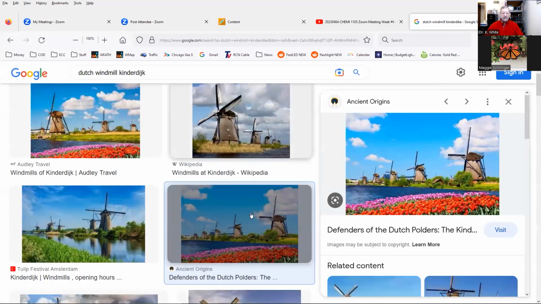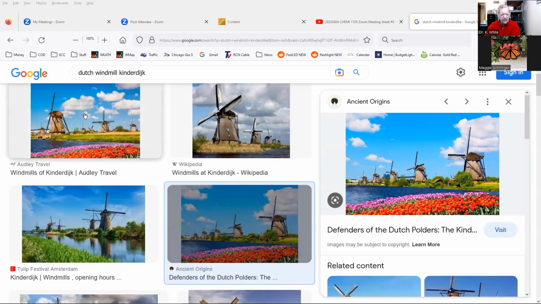Does everybody see the picture? Yep. Look over in the corner here, or up here in the center, that's an area called Kinderdijk. Kinder is children, dijk is dikes. I've been there. I have some good pictures of me standing in front of some of those windmills. Beautiful sight. What are those windmills?